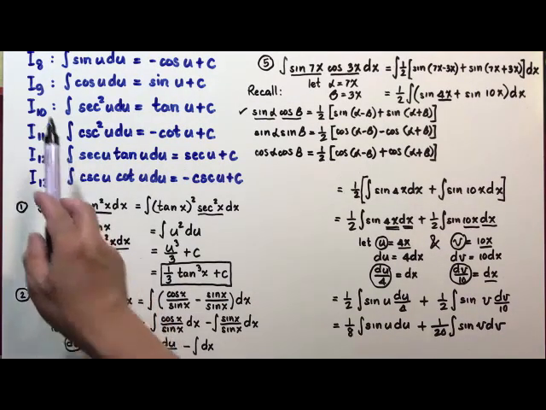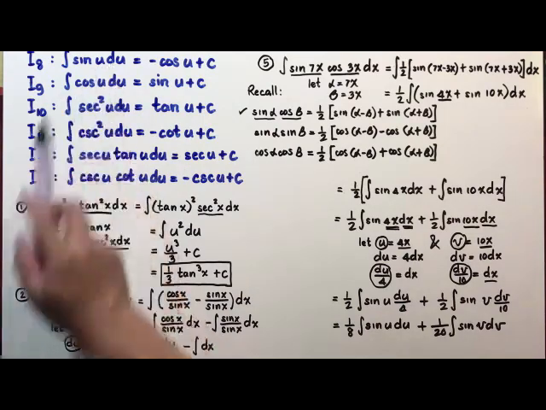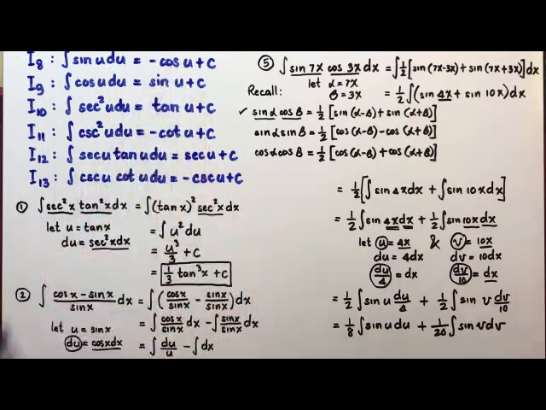At this time, I can apply formula number 8, that the integral of sine u du is equal to negative cosine u plus c. So this is equal to 1/8 times negative cosine u, and our c will be grouped as one at the last. This is added to 1 over 20 of negative cosine v, because this one is in terms of v, and added all in all to our constant of integration c.